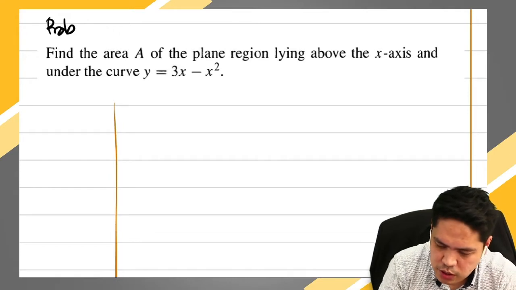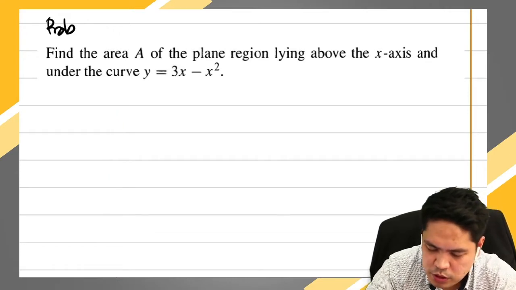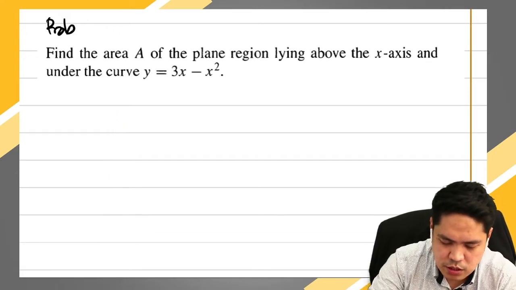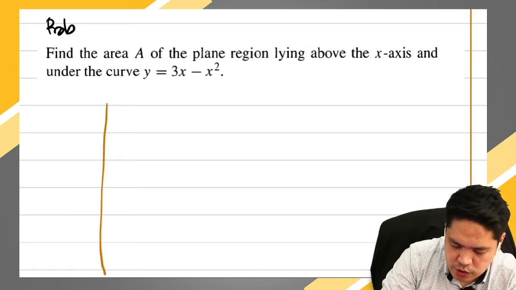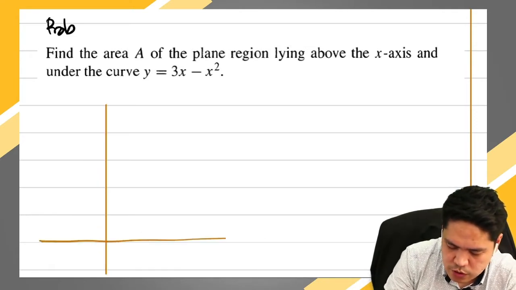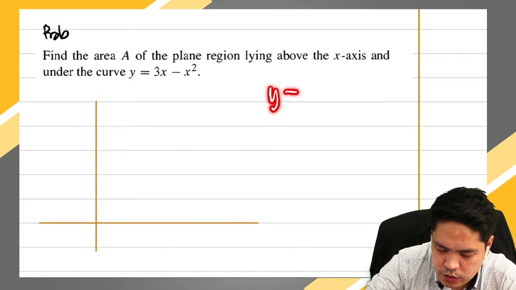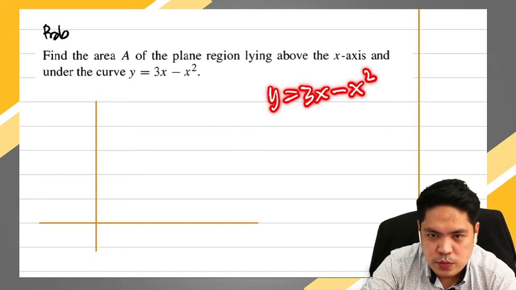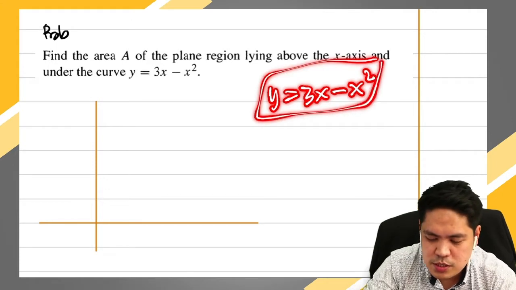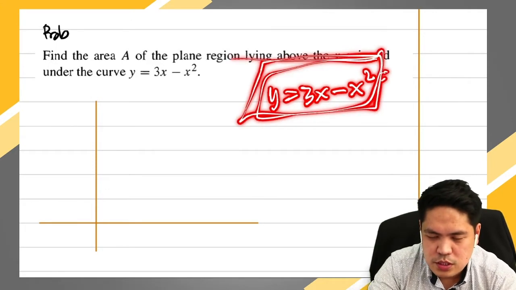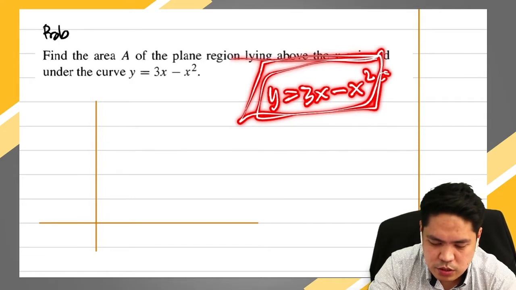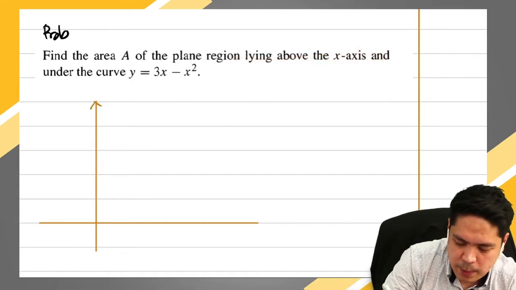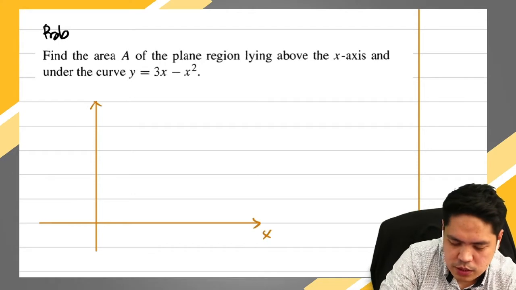So, the area of the plane region lying above the x-axis and under the curve. Let us first draw the graph of this curve. We have y equals 3x minus x squared. What is the form of this? What is this graph? If you recall from analytic geometry, this is a parabola opening downward.